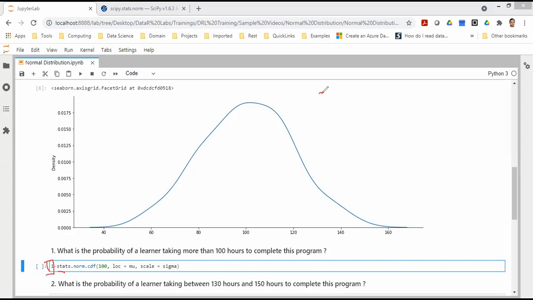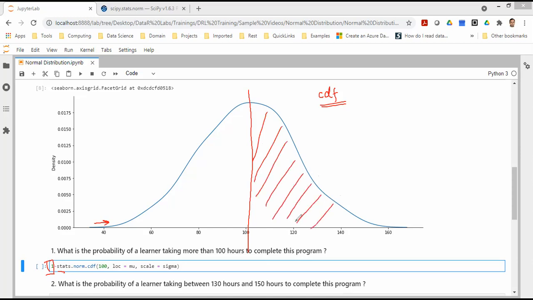For a very simple reason, which is whenever we are using the CDF function, it starts calculating the area under the curve from the left side. And according to this question, it's asking me to calculate the area under the curve towards the right side of 100, which means when I give the x value of 100 to CDF, the function would actually calculate this area, whereas I'm looking for the area towards the right side.